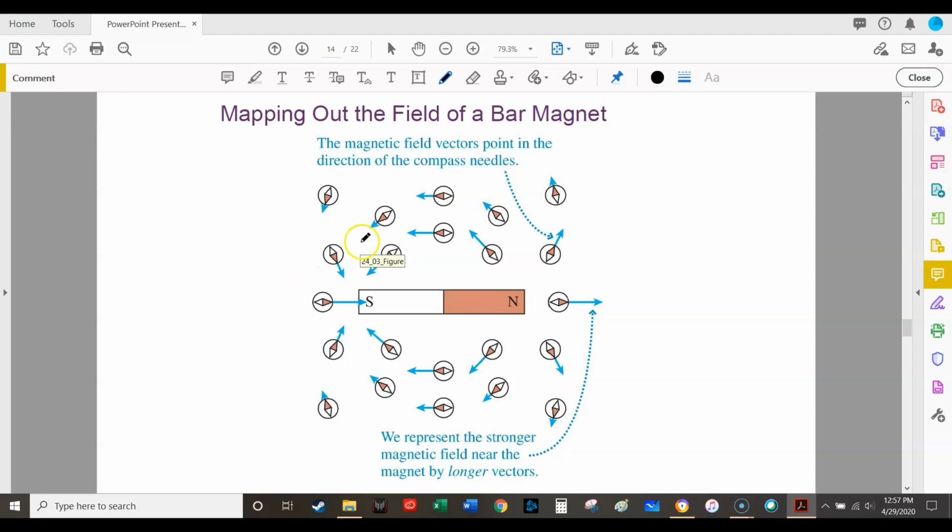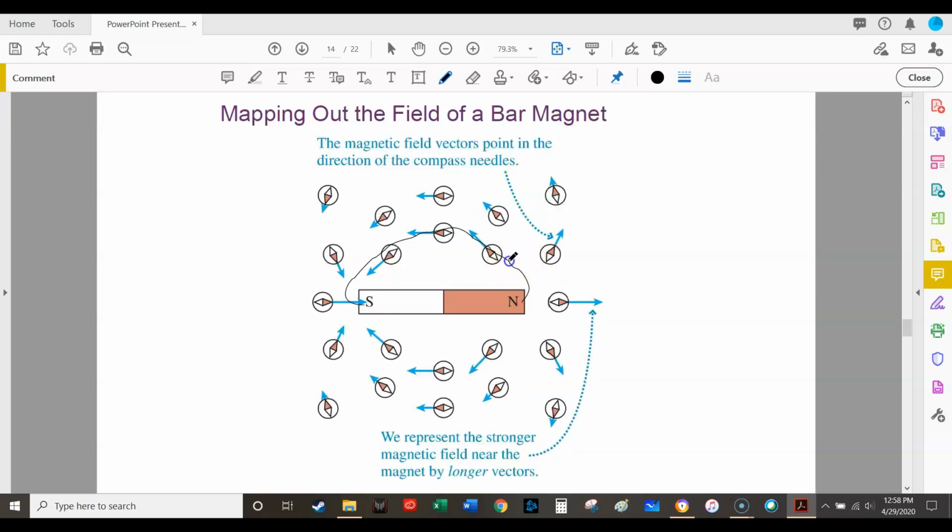And so back to our little bar magnet, when you place a bunch of compasses, compassi? I'm not sure what the plural of compass is. In the direction of this, all around this magnet, what you find out is that, like those iron filings, you're plotting the magnetic fields at each one of those points.